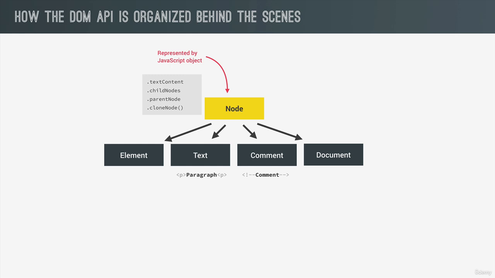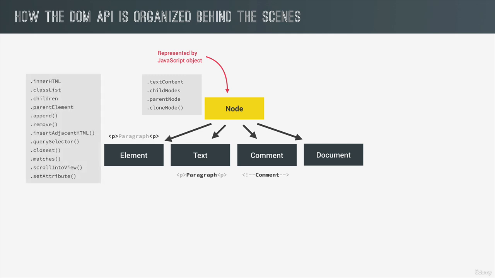Now, for the element itself, there is the element type of node. And this type of node gives each HTML element access to a ton of useful properties, such as inner HTML, class list, children, or parent element. There are also many useful methods, like append, remove, insert adjacent HTML, query selector, closest, and that's just to name a few.